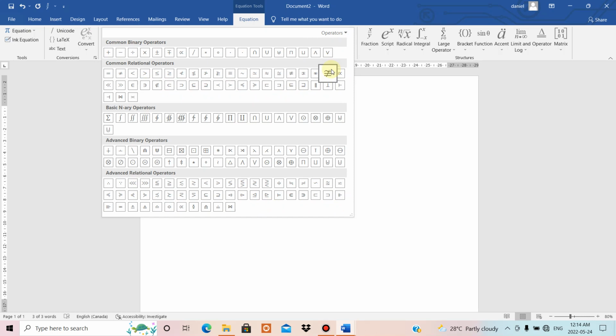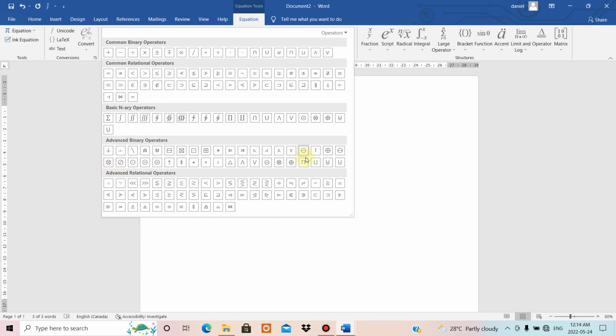The operators, binomial operators. So we have the common binary operators: addition, division, star, greater than, less than, union, intersection. We have common relational operators. We have the basic n-ary operators, advanced binary operators.